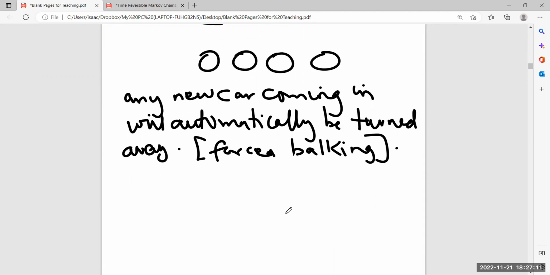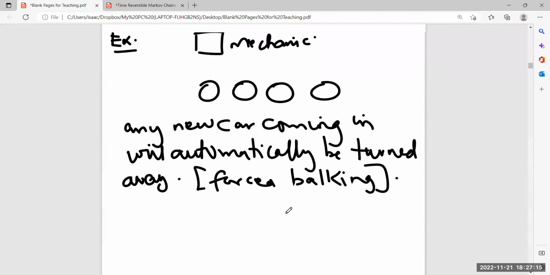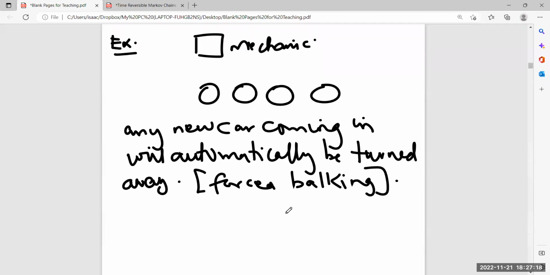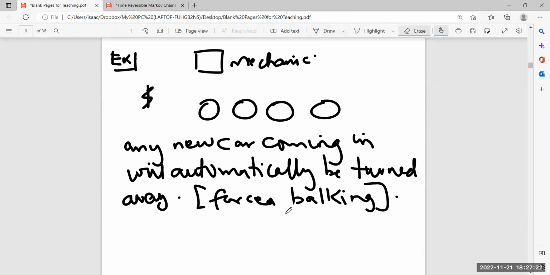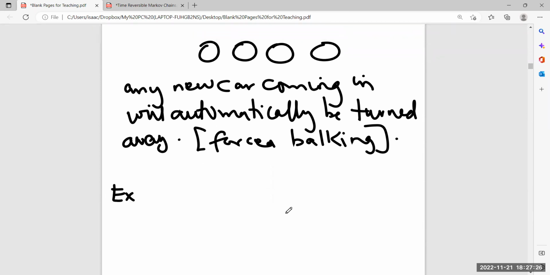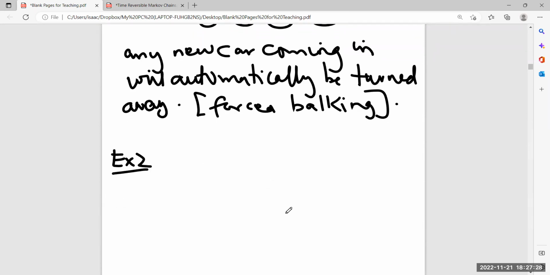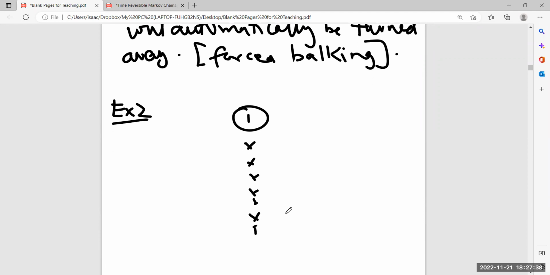Now, if you are in some grocery store or something like that, and you decide to join the line. So you have a server here, and you decide to join this line, right?